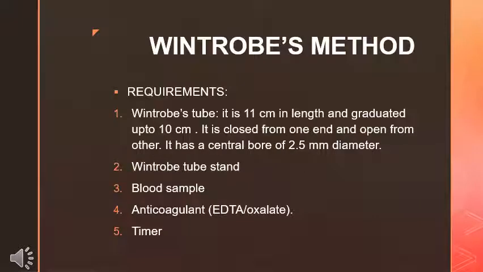The Wintrobe method: in the Wintrobe method, the principle remains the same, but the procedure is slightly different. Requirements are the Wintrobe tube. Wintrobe tubes are 11 centimeters in length, while the Westergren tube was 30 centimeters. Wintrobe tubes are graduated up to 10 centimeters; 1 centimeter is not graded.